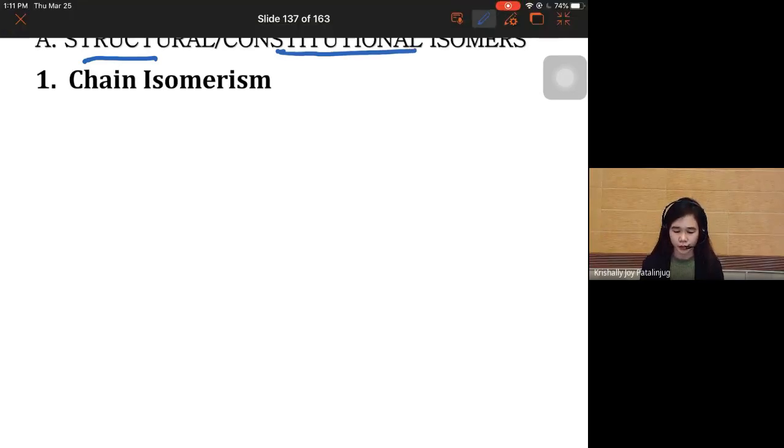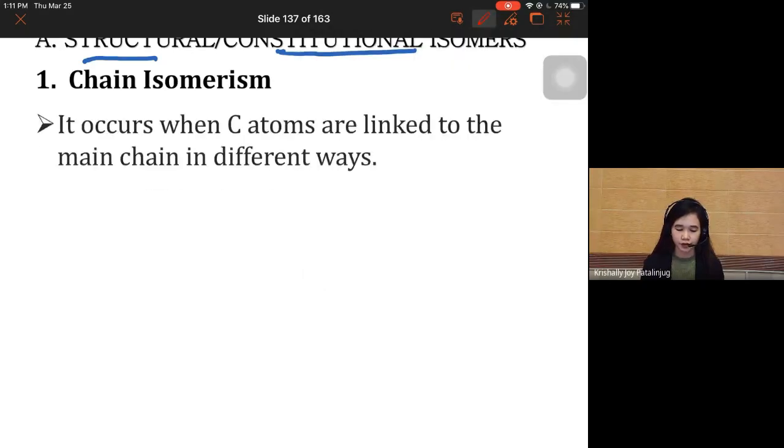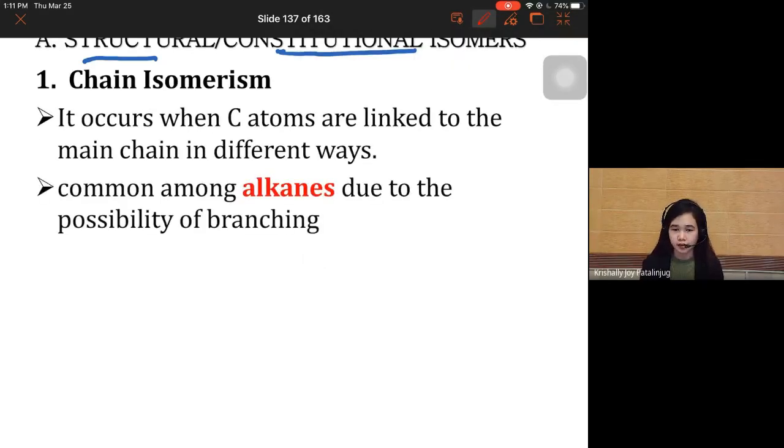So ano yung chain isomerism? Chain isomerism, this is very common among alkanes. Okay, ito yung clue nyo dito. Chain isomerism yan because puro alkanes yung given sa structures. Sa alkanes lang ito, common because of the possibility of branching among alkanes. Pag sinabing there is a possibility of branching, ibig sabihin, yung carbon atoms, they can be linked to the parent chain or to the main chain in different ways.